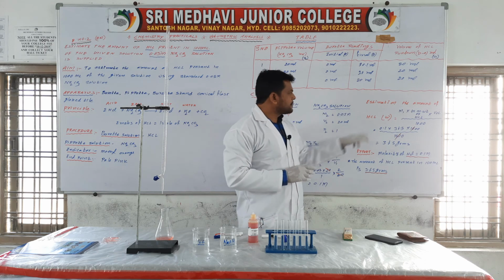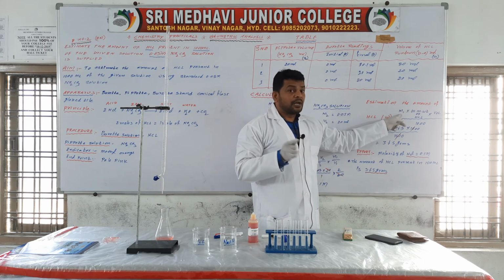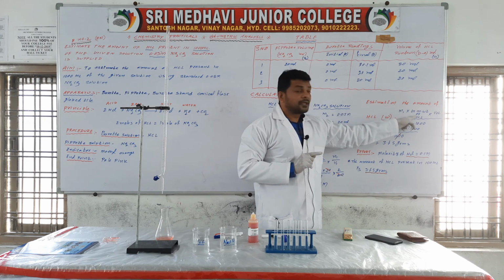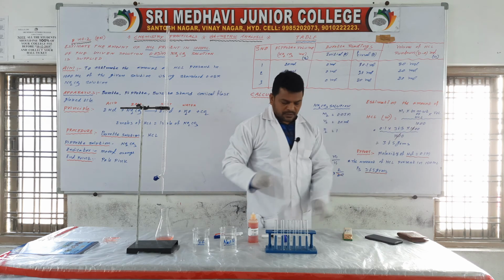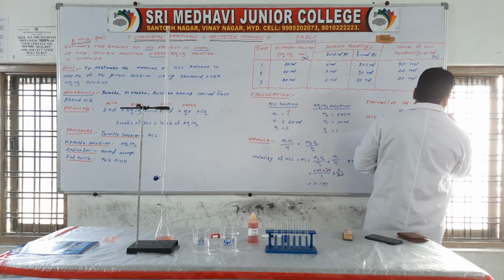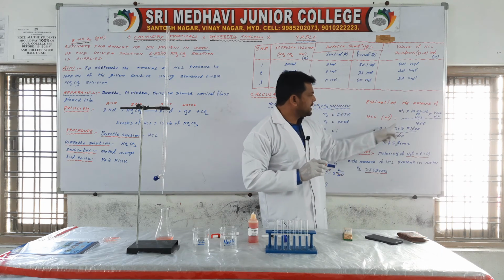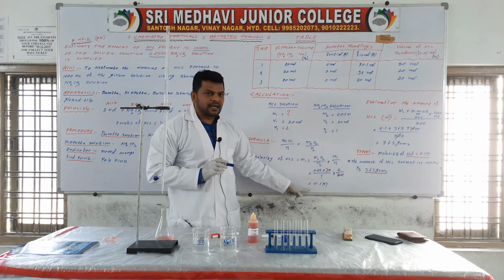The formula is M1, molarity of HCl, into gram molecular weight of HCl into volume, by 1000.